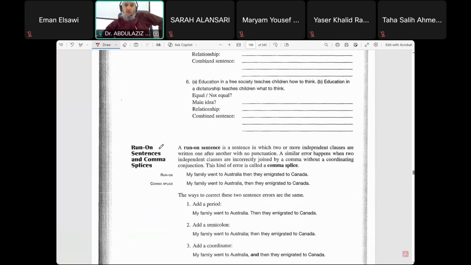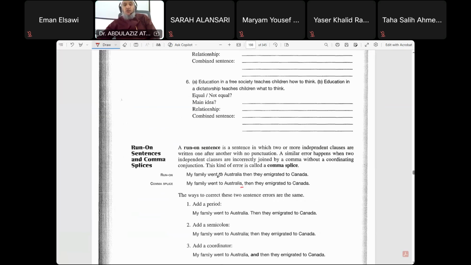Okay, these are always linked, because the comma that comes between run-on sentences is called a comma splice. So this is a comma splice. It is some type of run-on sentence.